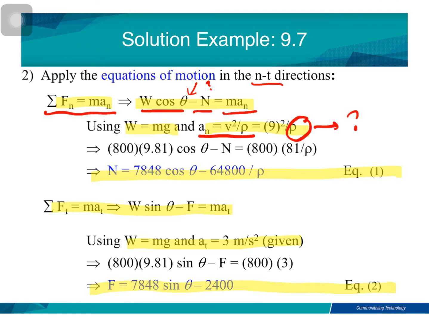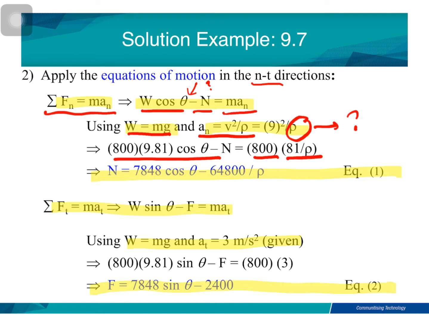To calculate rho, you just have the equation in rho. Now you substitute everything. W is equal to mg, and then a_n. So m is 800, times 9.81, cos theta minus N is equal to 800 times 81 over rho.